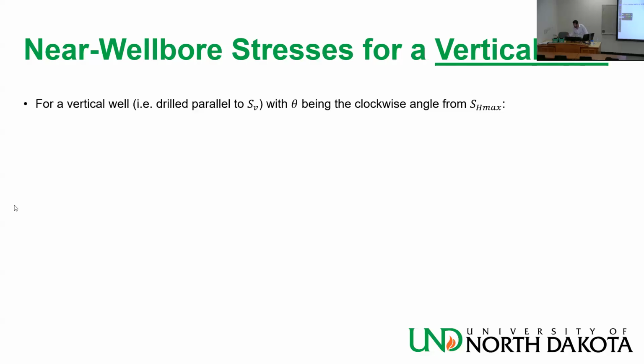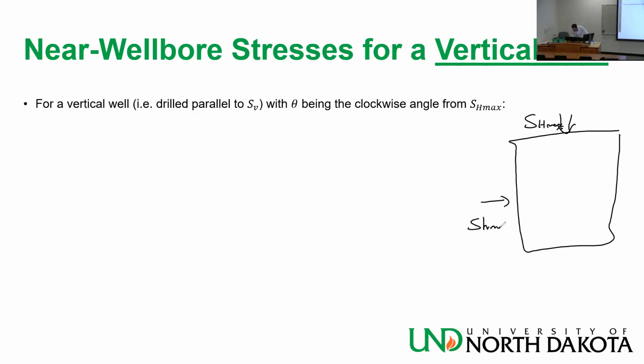Let me draw it very quickly. I have this SH max, SH min. Okay, so my theta is taken from here. If my radius is here, this is theta, right? This is my theta angle.